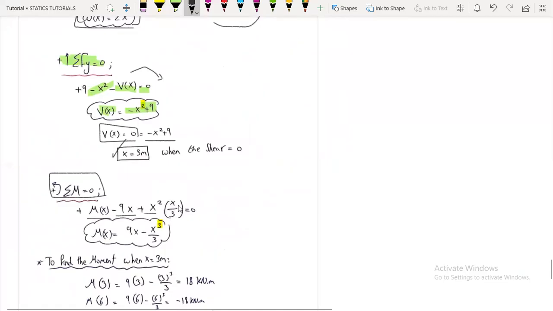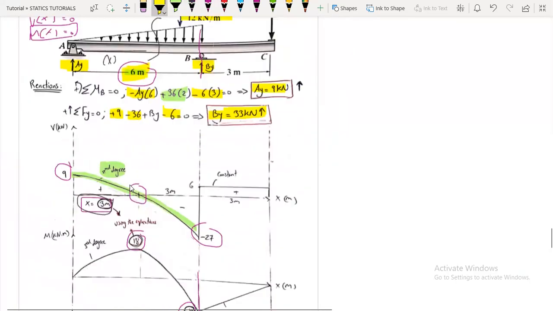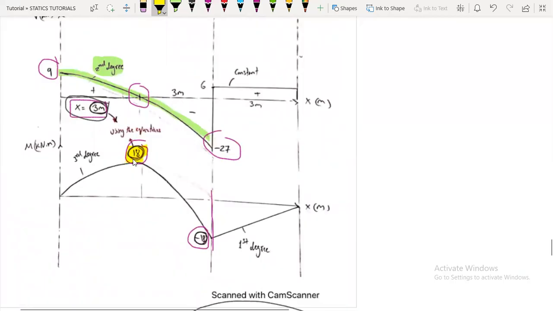Here, x squared multiplied by x over 3 equals 0. So we get the moment equation and notice here the degree. Here the shear equation is of degree 2, and here the moment equation is of the third degree. So now to find the moment when x equals 3 and when x equals 6, just replace x by 3 and 6, and you will get 18 and minus 18. So at x equals 3, it is 18, and at x equals 6, it is minus 18.